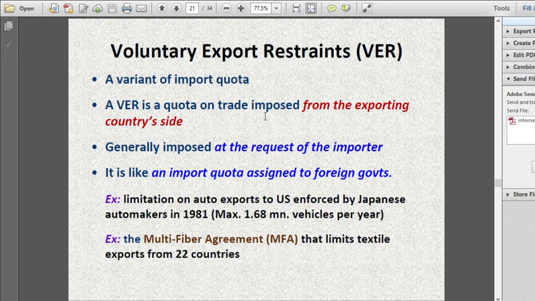So nag-set sila ng VER o voluntary export restraint para malimitahan yung pag-i-import nila ng mga car o ng sasakyan sa mga Hapon. No? Another example is the Multi-Fiber Agreement or MFA to limit textile export from 32 countries.